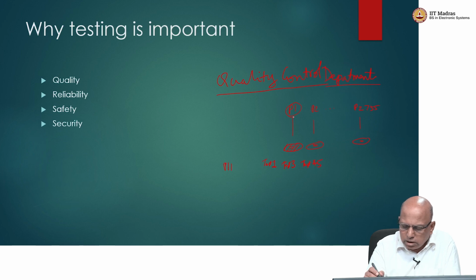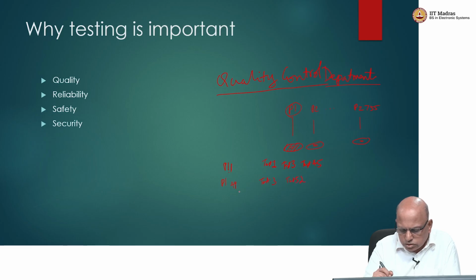P11 means the first device to be tested in product 1. P1 let us say 49, this one failed test number 3, test number 52.